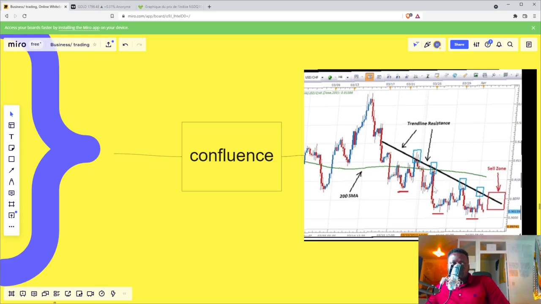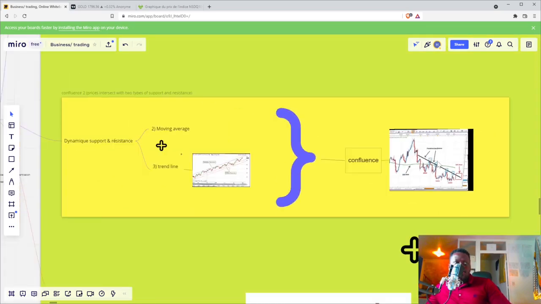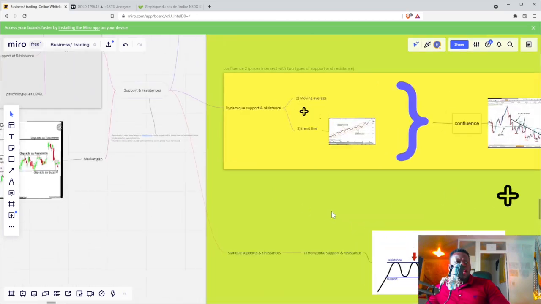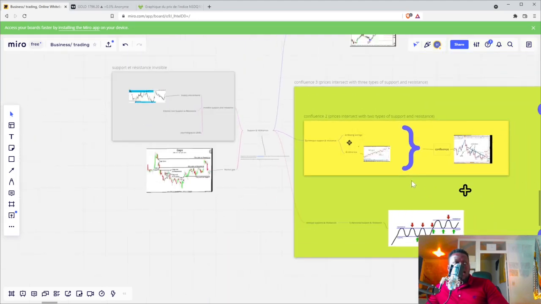The price hits two resistances. You can call that some kind of combo, but you can have more than two. You can have a triple combo, like dynamic and static, and the more the price hits a resistance or support level, the more this level becomes a very, very main level for your trading strategy.